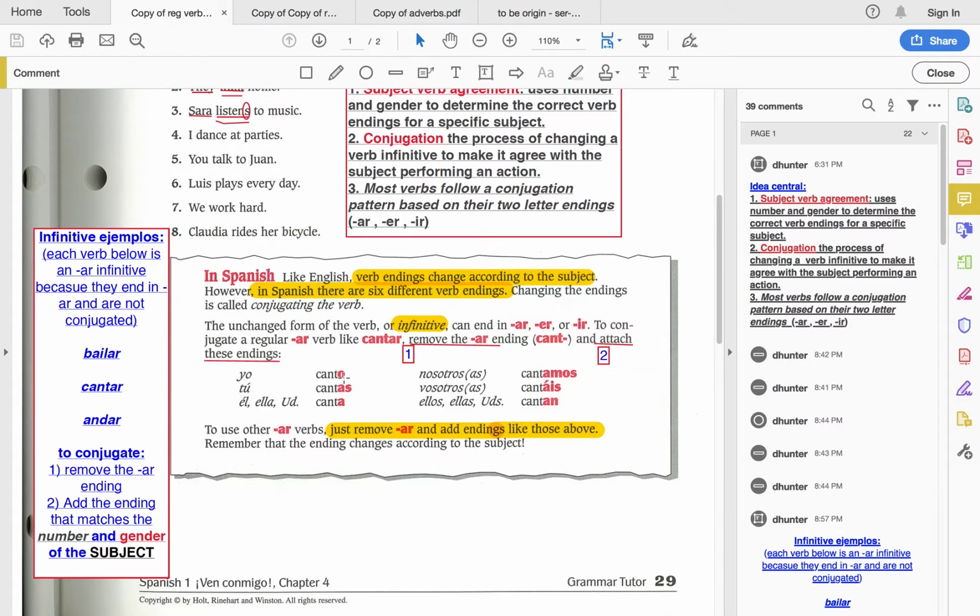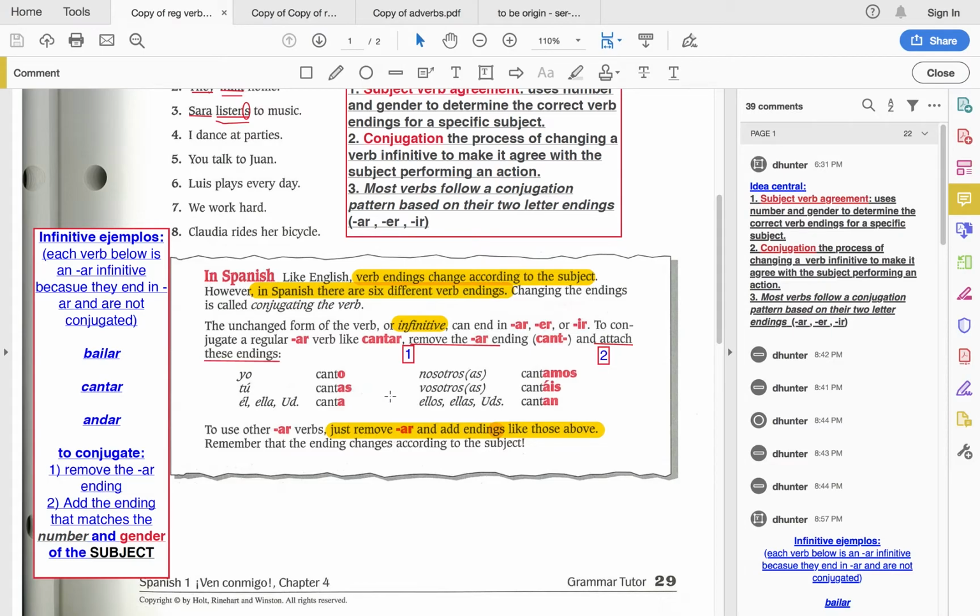Each of these endings here, o, as, a, amos, áis, an, each of those endings show us a first person subject, o goes with yo, a second person subject, tú goes with as, and a third person subject, él, ella, and usted go with a.